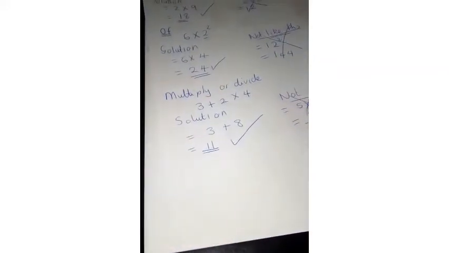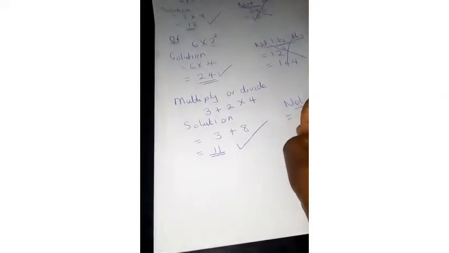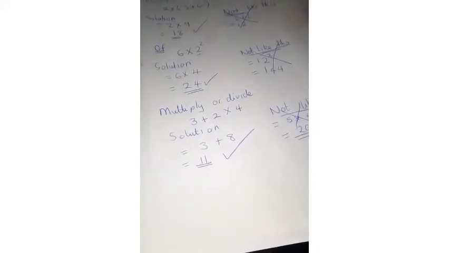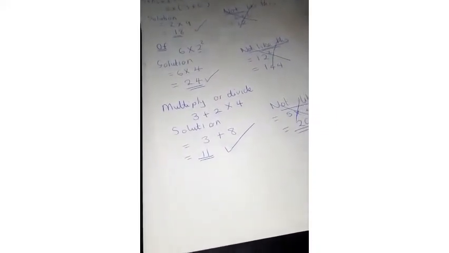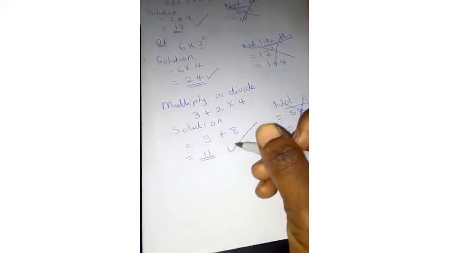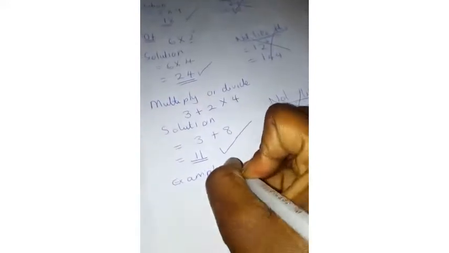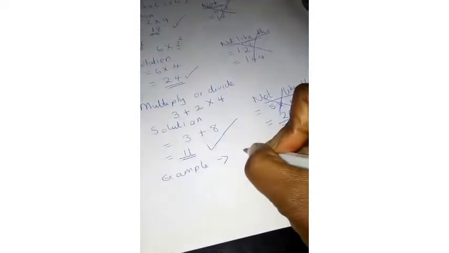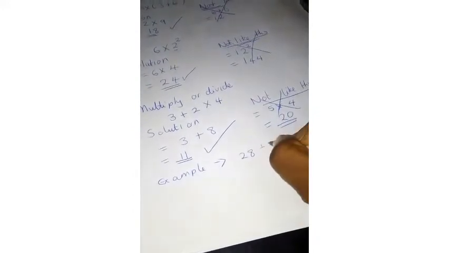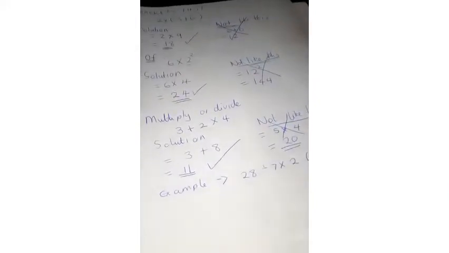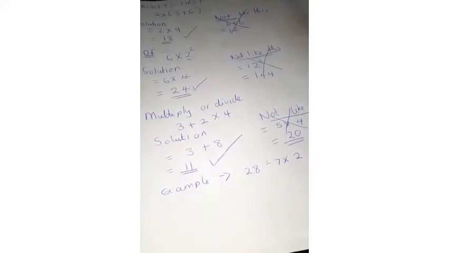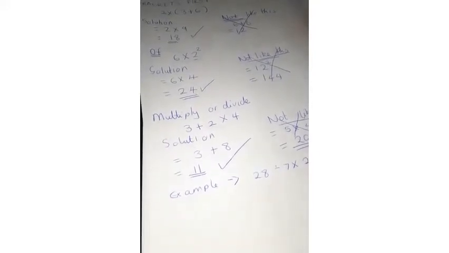And if there is both division and multiplication in our expression, we just solve it from left to right, as division and multiplication are on the same level. So given this example, solve 28 divided by 7 times 2. We said we solve from left to right.